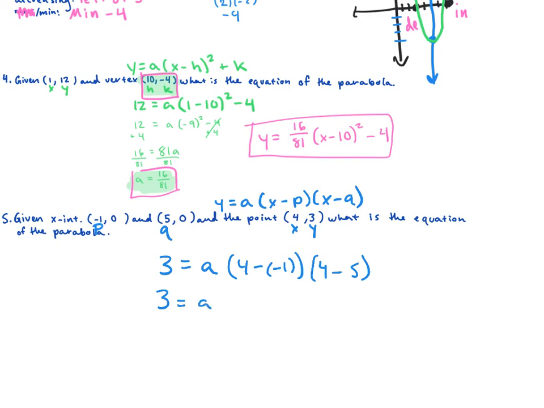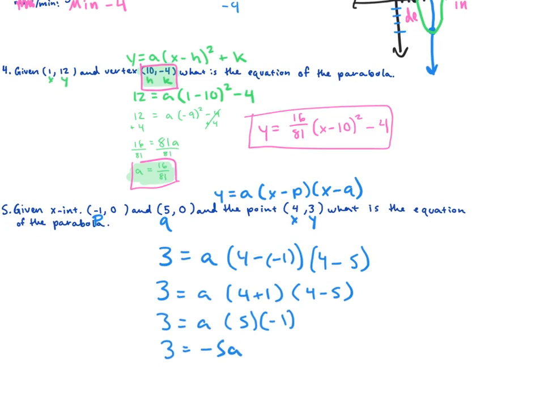So 3 is equal to a times 4 plus 1, because minus a negative becomes a plus, and 4 minus 5. 4 plus 1 is 5. 4 minus 5 is -1. So we have 3 is equal to -5a.